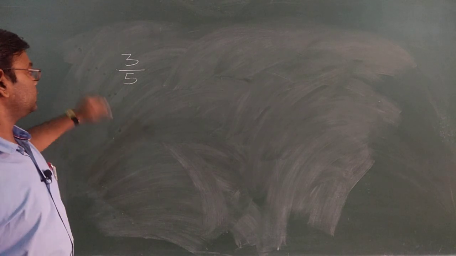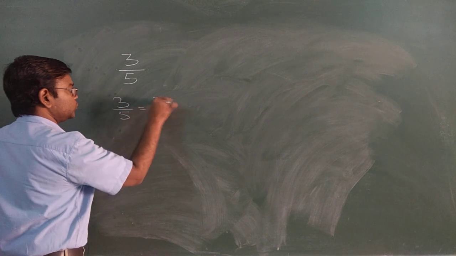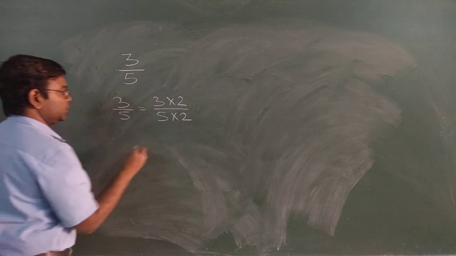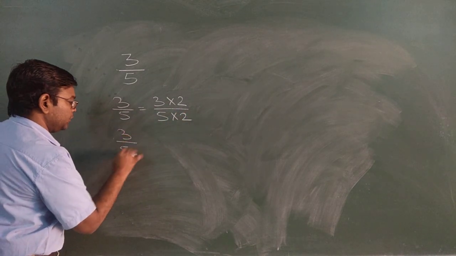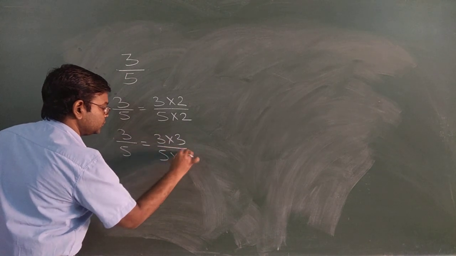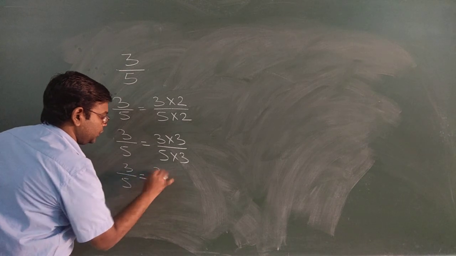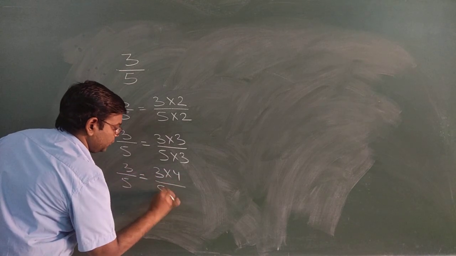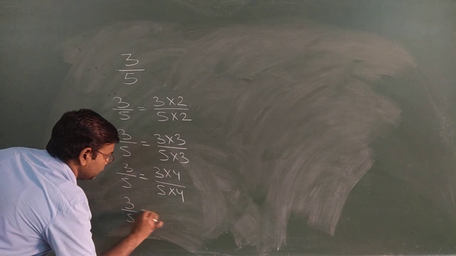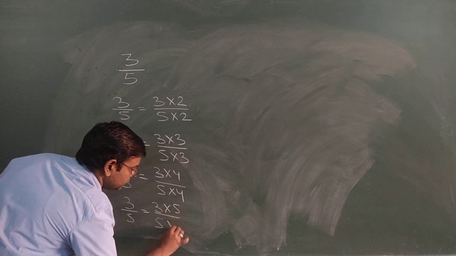Multiply this 3 upon 5, numerator and denominator separately, by 2. Then again 3 upon 5 equals 3 into 3 by 5 into 3. Then 3 into 4 upon 5 into 4, and similarly 3 into 5 upon 5 into 5.